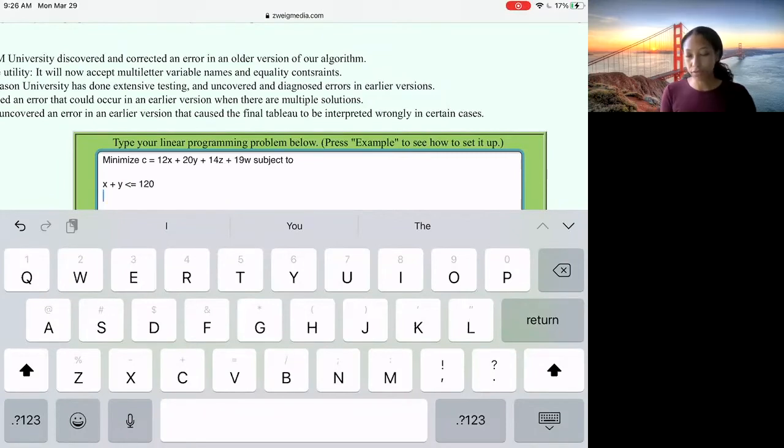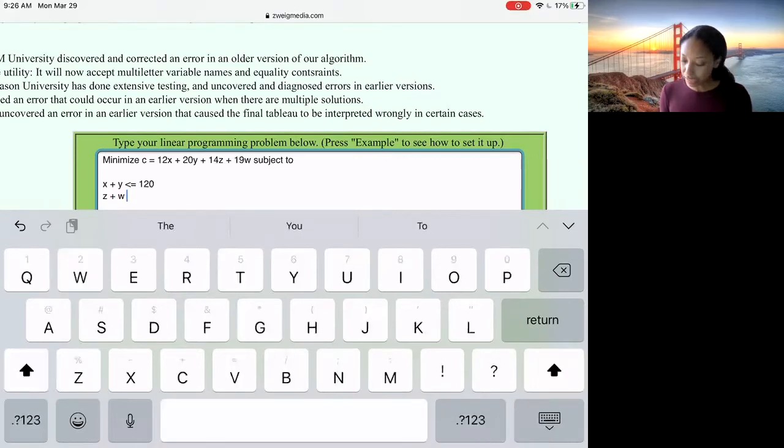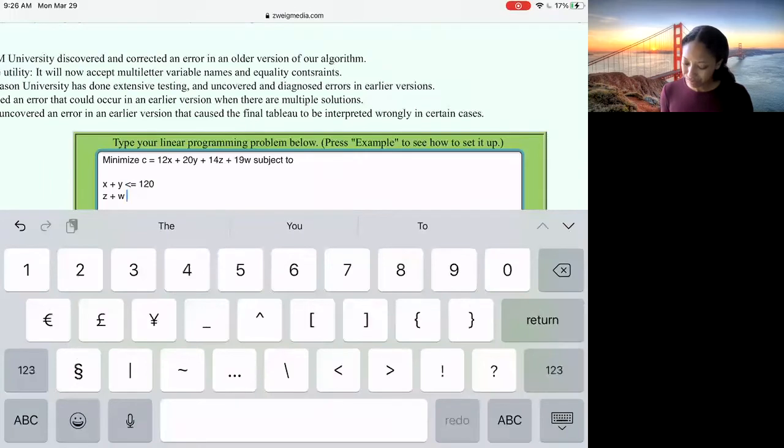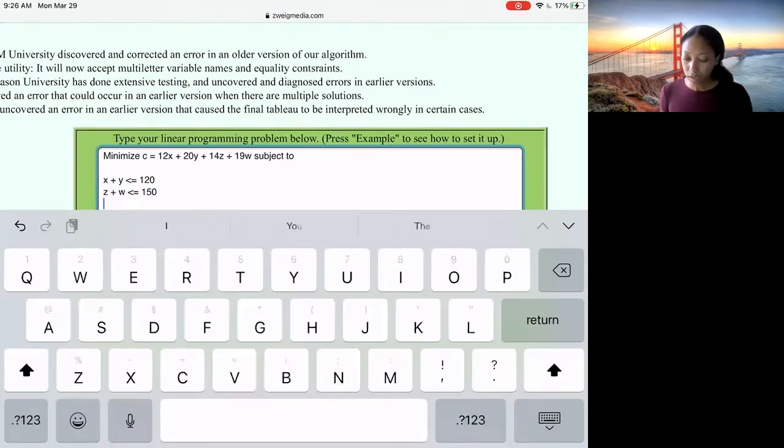For the constraint for the Louisiana units, we have z plus w is less than or equal to 150. Then for the number of units we need 130 desks and 130, what was the other thing?